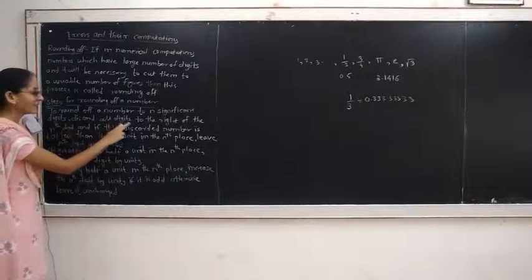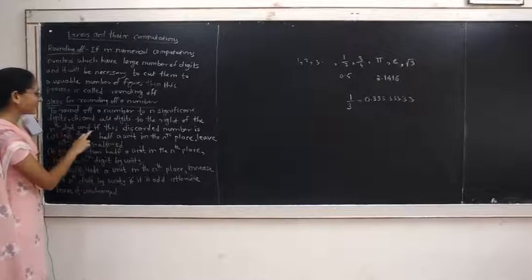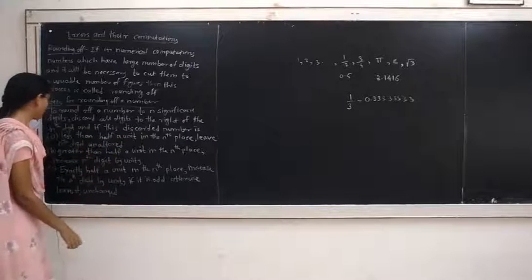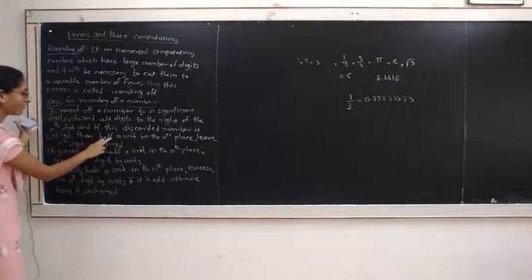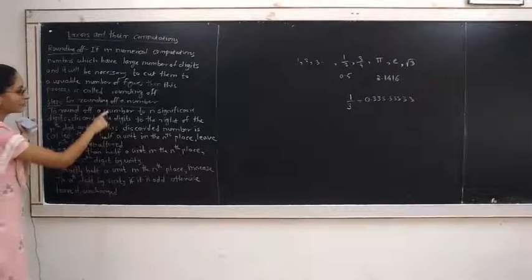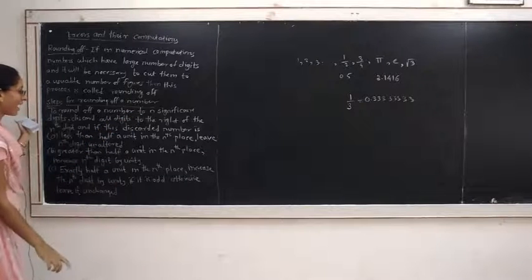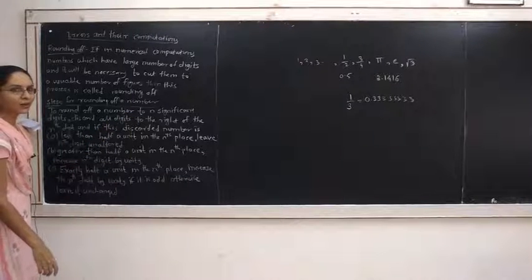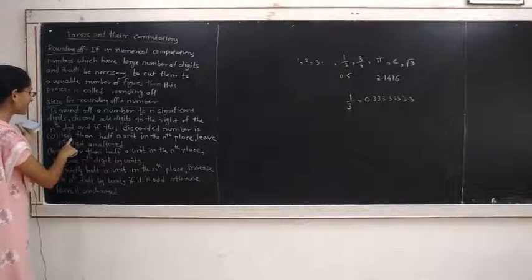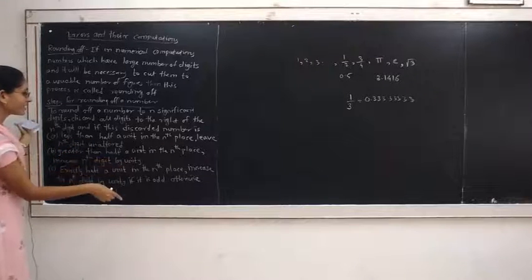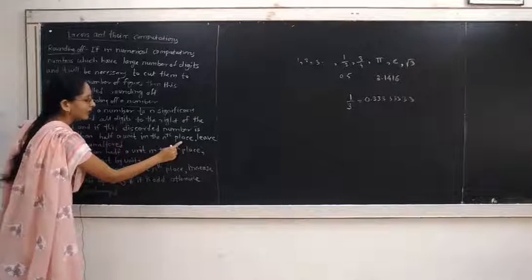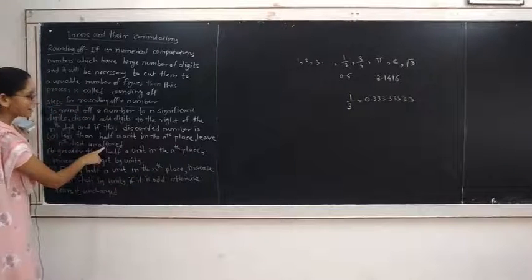In the first case, if the discarded number is less than half a unit in the nth place, then leave the nth digit unaltered.